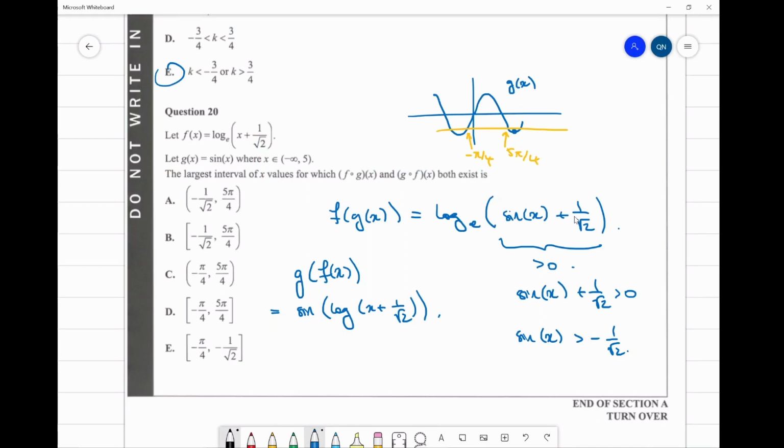Okay, so for the first part over here, we know that's -π/4 to 5π/4, non-inclusive, because we require strict inequality over here. This is a possible candidate.